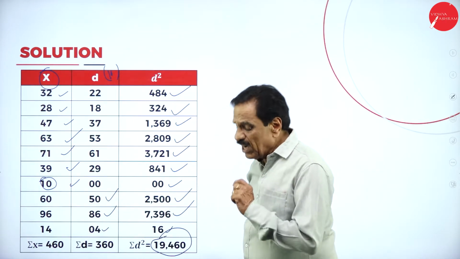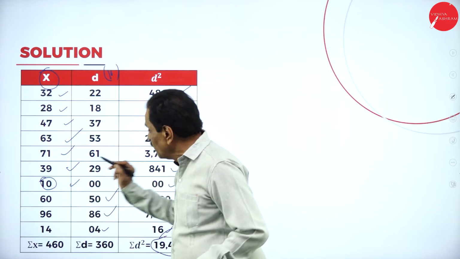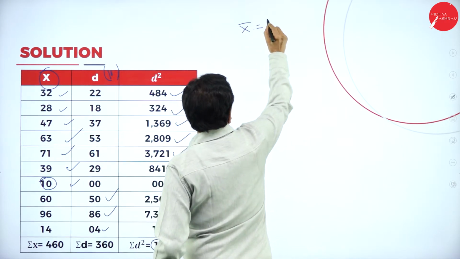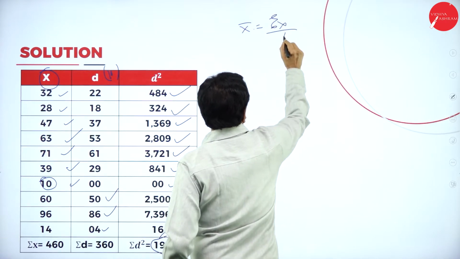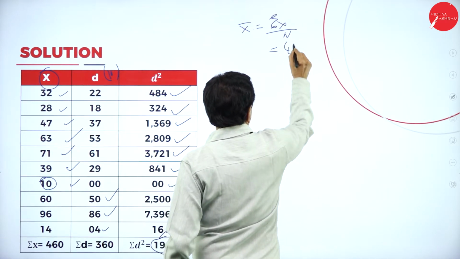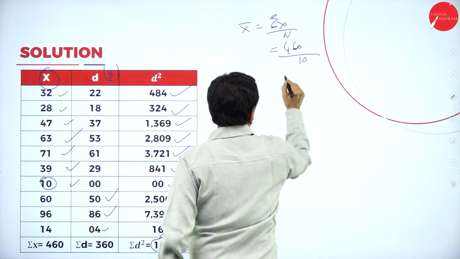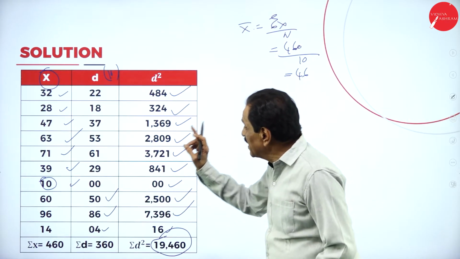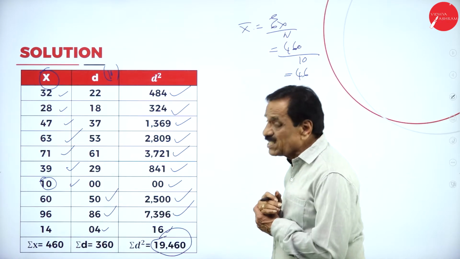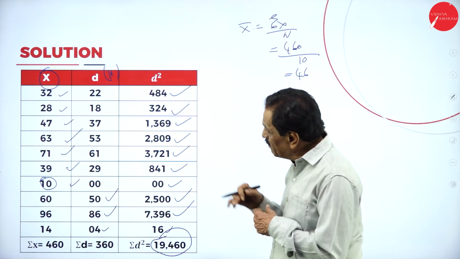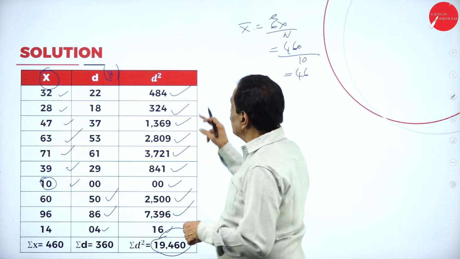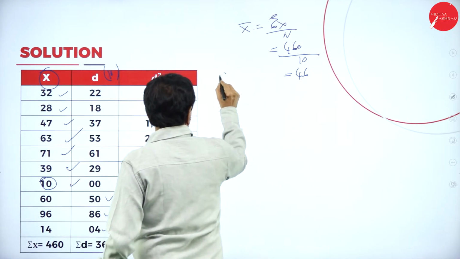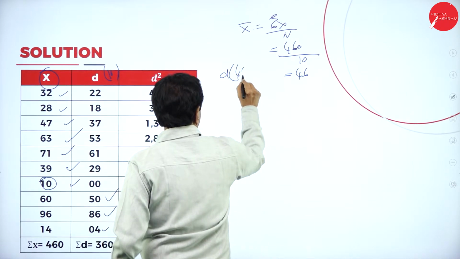So, by chance, if we take the mean, it is sigma x over n, 460 divided by 10, which is equal to 46. By chance, if you take the deviation from 46, how much will it vary? We'll see that. Instead of 0, you take 46. Assume that we take the D as 46.